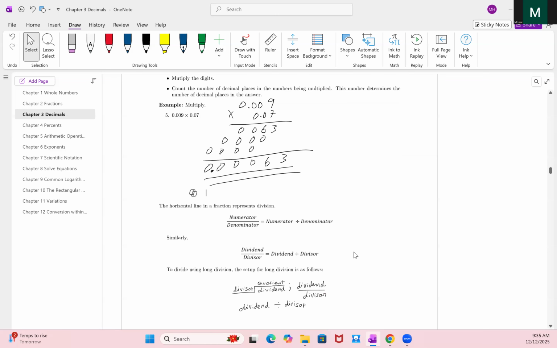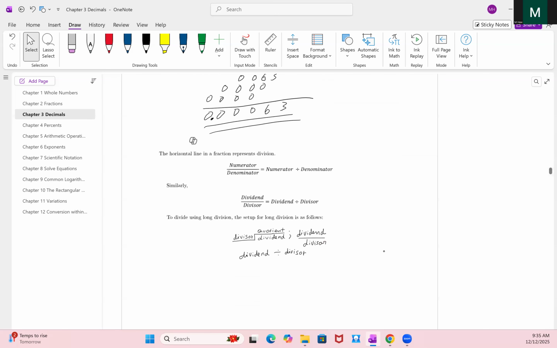So now the horizontal line in a fraction represents a division. The number on the top of the horizontal line is the numerator, and below it is the denominator. And this can be written as numerator with a division sign and denominator. Similarly, we can replace the numerator by the dividend and the denominator by the divisor, which can be written as dividend divided by the divisor.